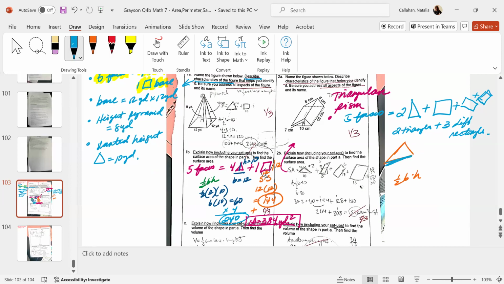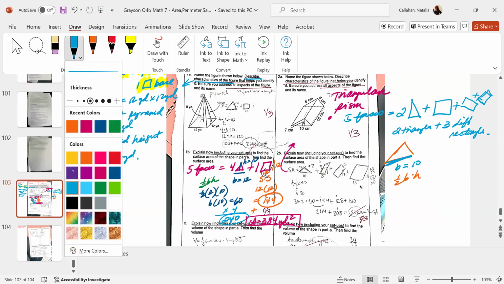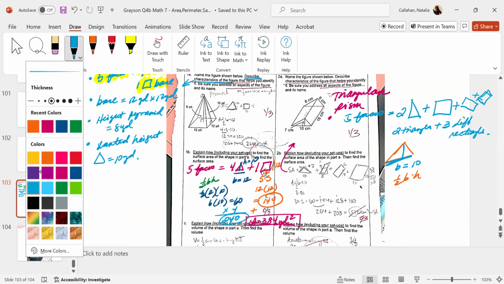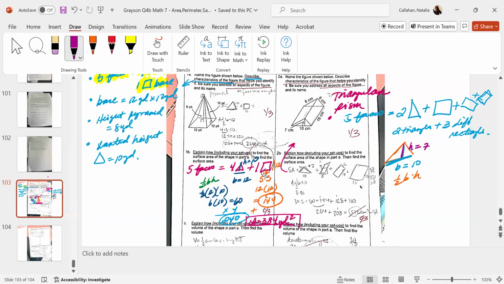The base is right here. What's the base? Good. And then you have the height, which is this part right here. What's the height? So 1/2 times 10 times 7 is 70, correct? Half of 70 is 35. Didn't we say there's two of them? So 70 is that, right?